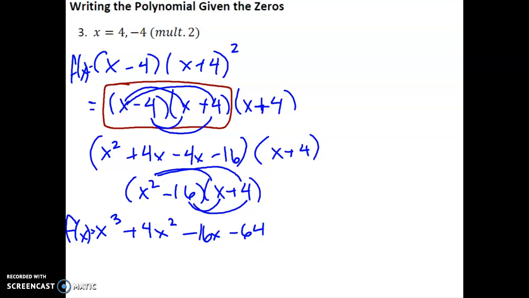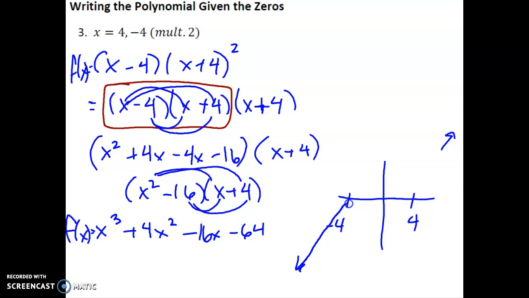So if we took this and we graphed it, we would see that it would cross the x-axis twice. It would cross once over here at +4 and once over here at -4. Now on -4, it would have a multiplicity of 2, so it would bounce. So look, this is positive odd, means it's going to start down and end up.